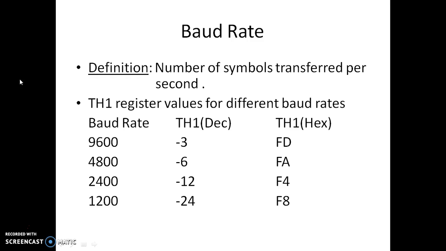If we want different baud rates, we have to assign different values to the TH1 timer register. Standardly, 9600 is the baud rate used by many controllers in serial communication. For example, for 9600 we have to load the decimal value -3 into the TH1 register, similarly FD in hex.